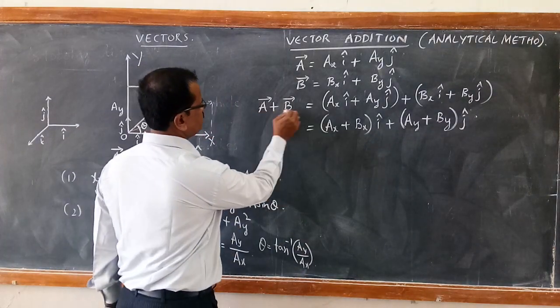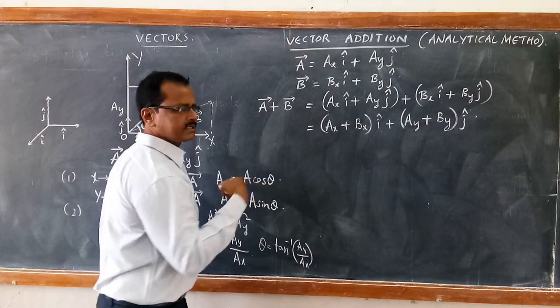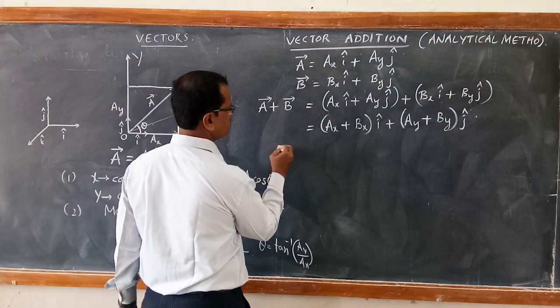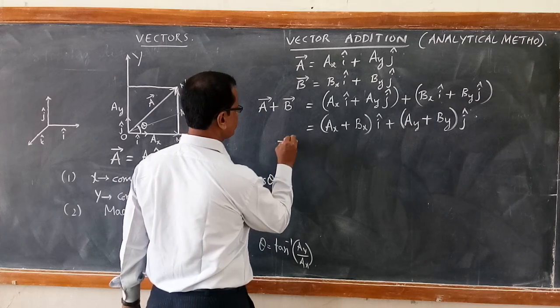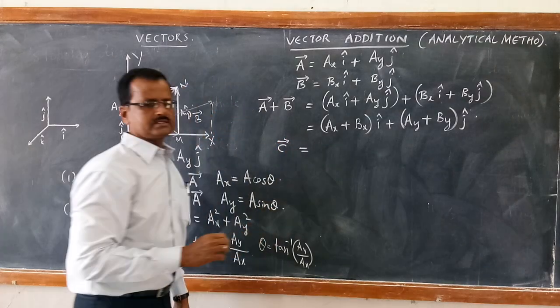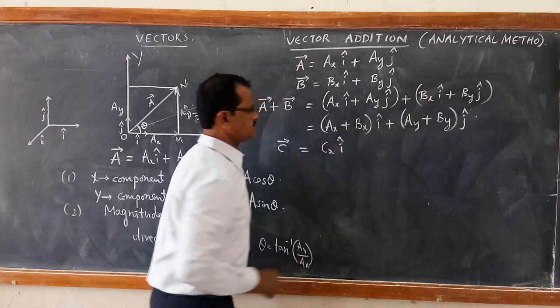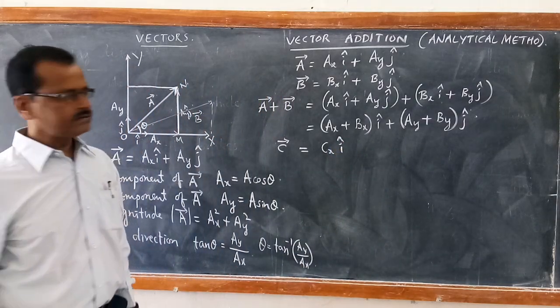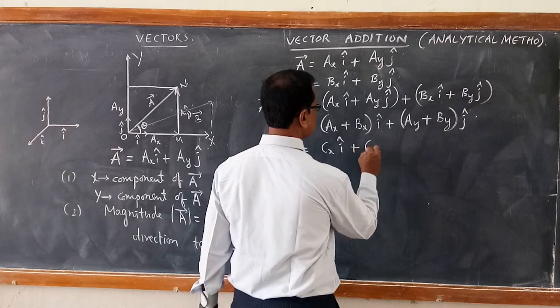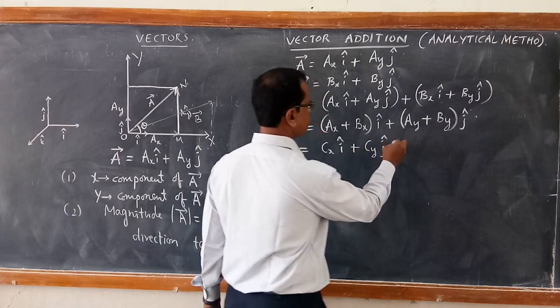Suppose the vector sum of A and B gives us a new vector C. Then this new vector C will have its x component as cx i cap and y component as cy j cap.